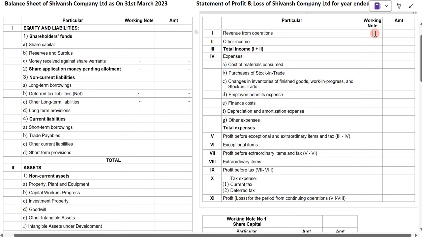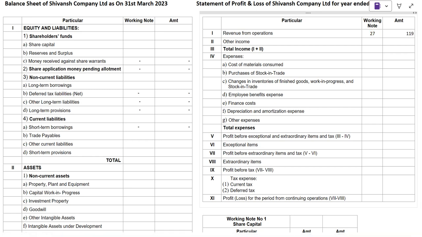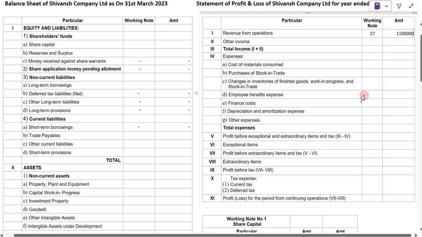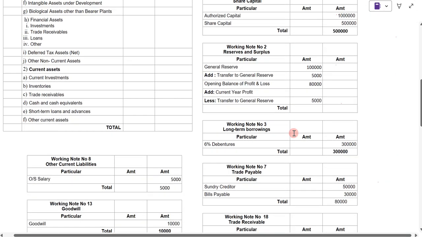So note number 27, revenue from operation, sorry, 11,90,000.